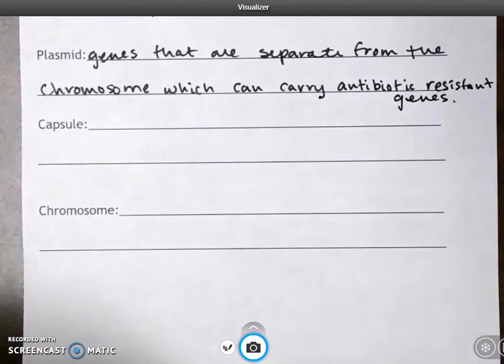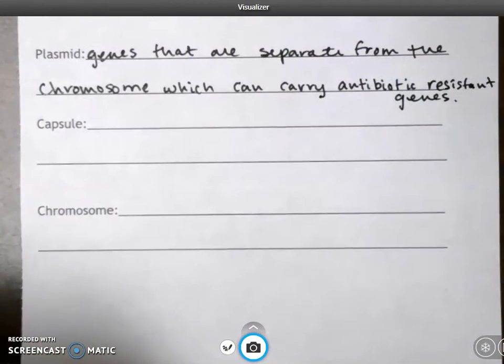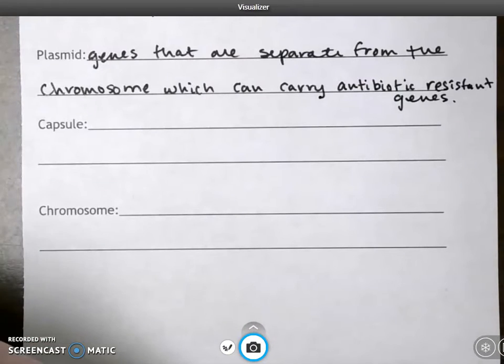So this is how some illnesses get to be antibiotic resistant. They get genes from other bacteria that make it so that the antibiotics don't work anymore. Okay, that's what antibiotic resistance means. The antibiotics can't kill it anymore.